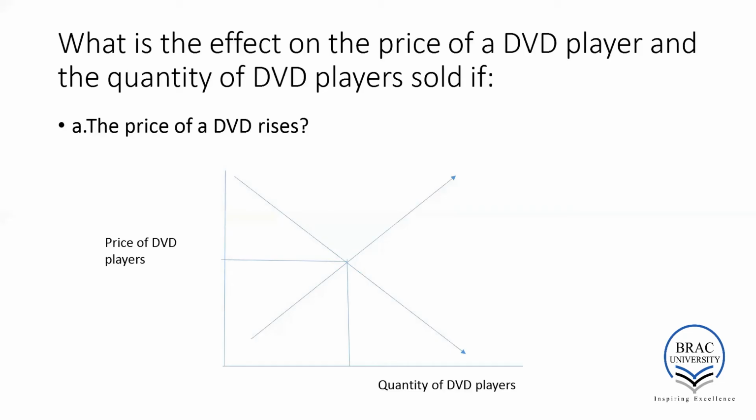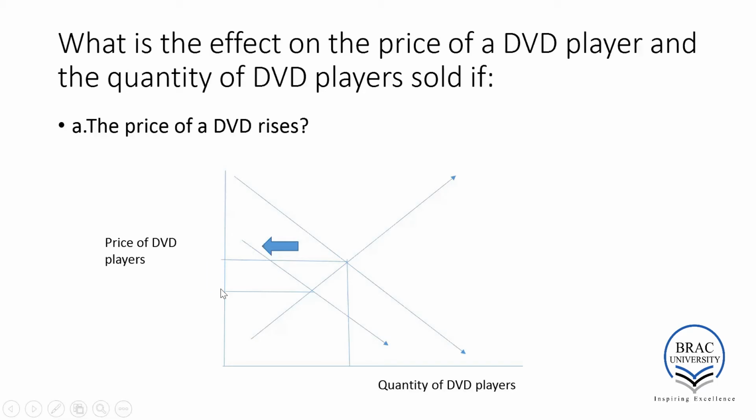Whenever we have a decrease in demand, we shift our demand curve to the left. This is our new demand curve. So we have our new equilibrium point at the intersection of our new demand curve and our supply curve. If we draw a line from the equilibrium point to the price axis, we get our new equilibrium price.